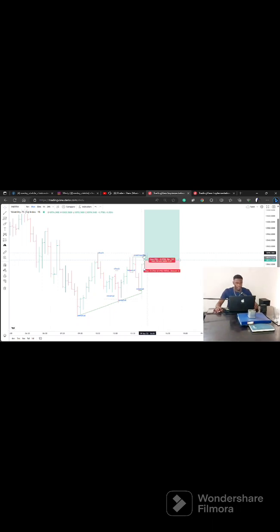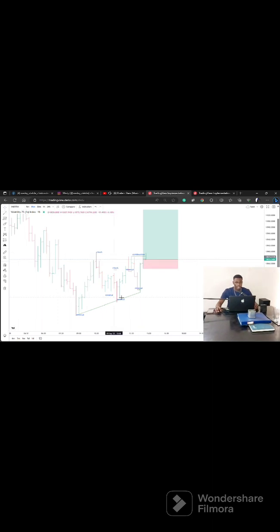So once again, what is an uptrend? When we look at the market, an uptrend is simply when price moves from point A to point B, right, guys? That is an uptrend in the market.